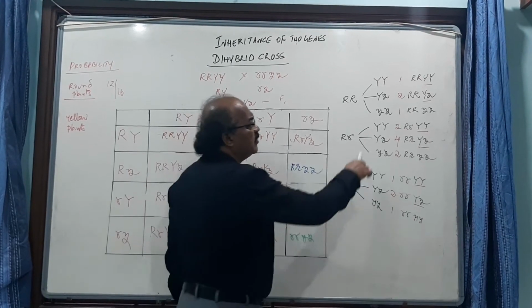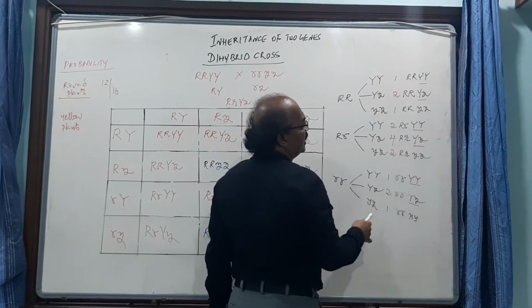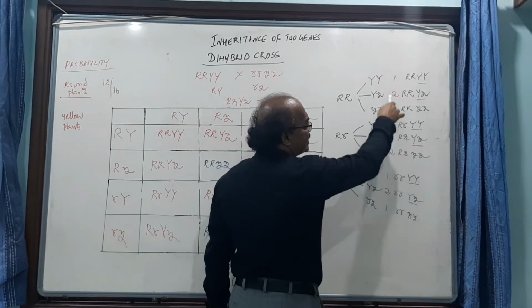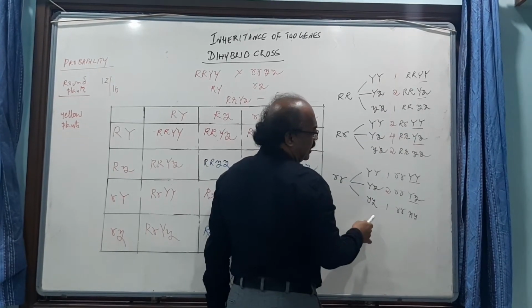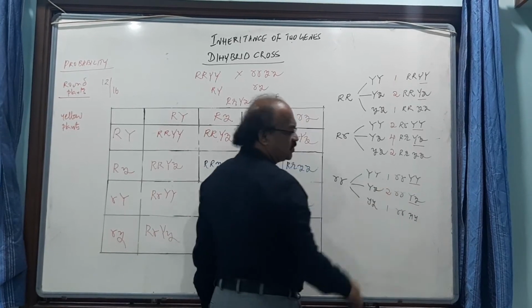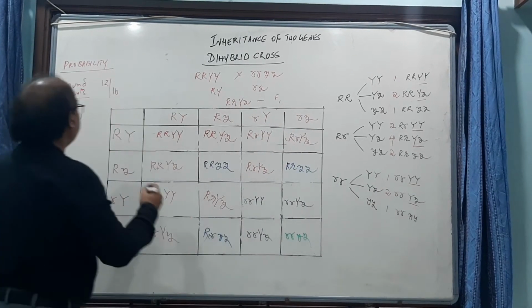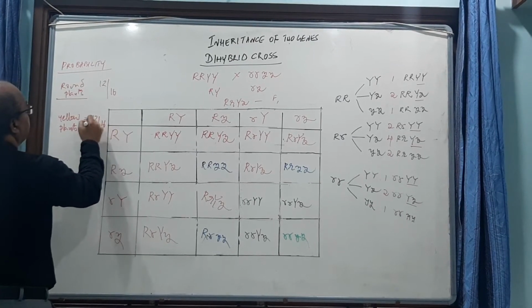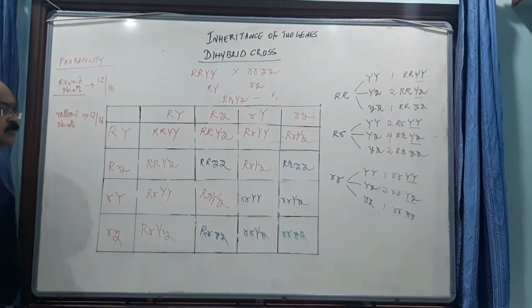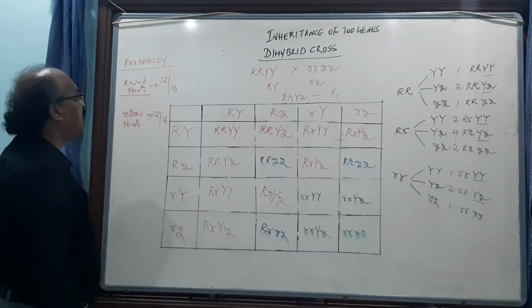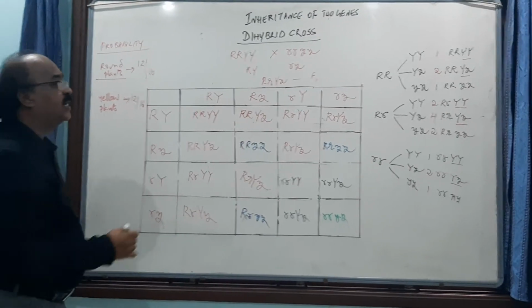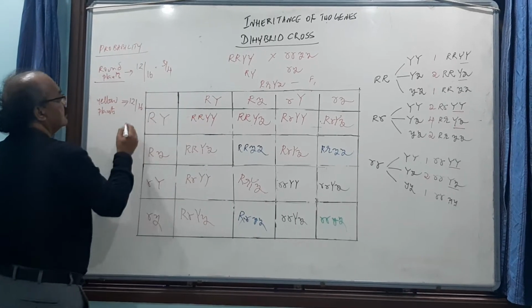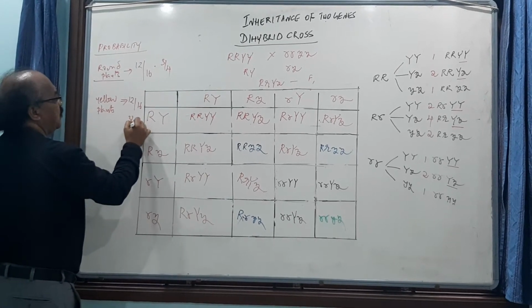So here you get 1 plus 2, 3, 2 plus 4, 6, 6 plus 3, 9, plus 1 plus 2, a total 12. 12 plants out of 16. How many are round plants? 12 out of 16. That comes to 3 by 4.